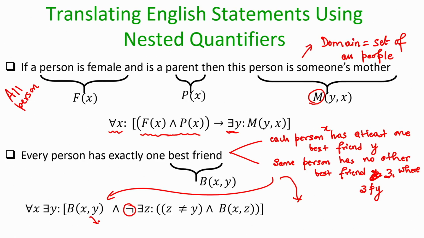If I put a negation in front of that, then that rules out the possibility that there is a second person z different from y who is also the best friend of x, because of the occurrence of this negation, and then conjunction of both these conditions will represent what I am interested to assert.